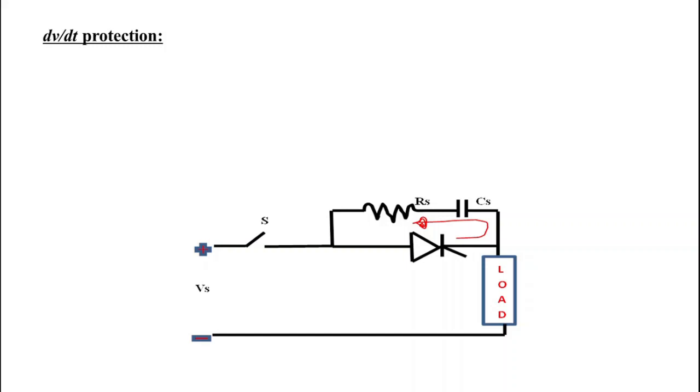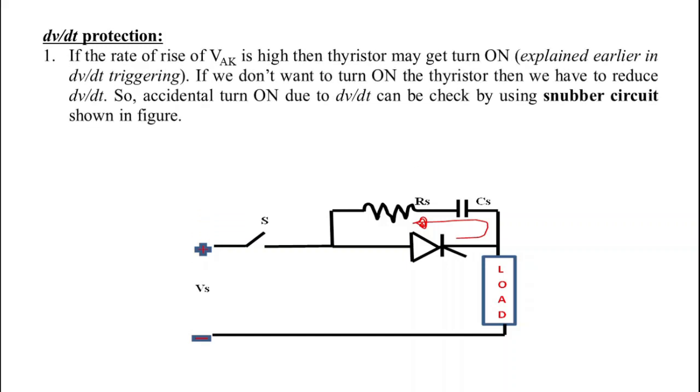It actually does not do any harm to SCR, but it is responsible for accidental or undesirable turn on of SCR, and accidental turn on of SCR must be avoided. dV/dt is limited by using a Snubber circuit.